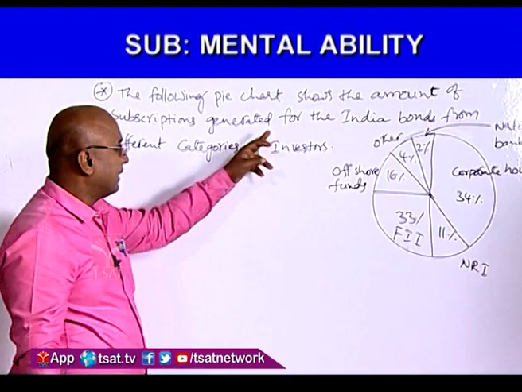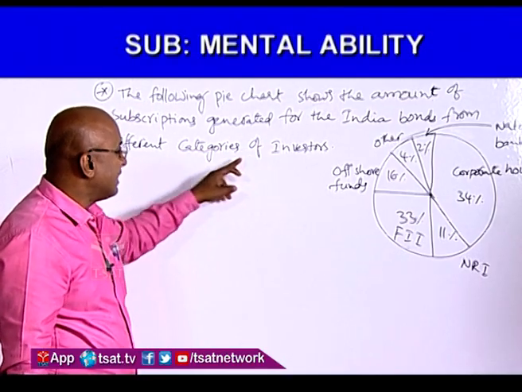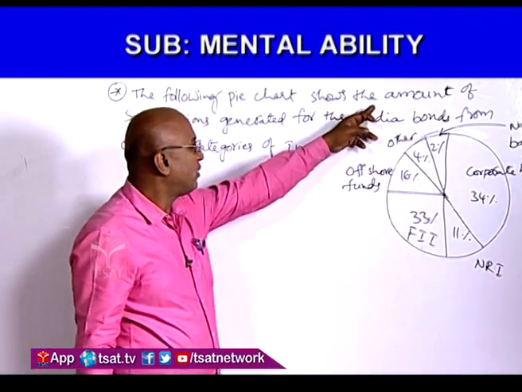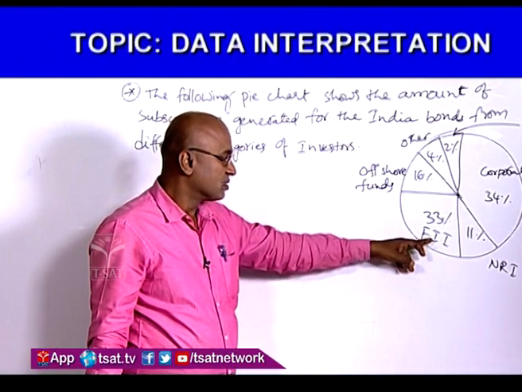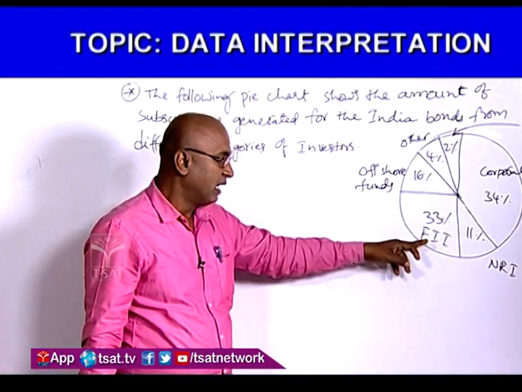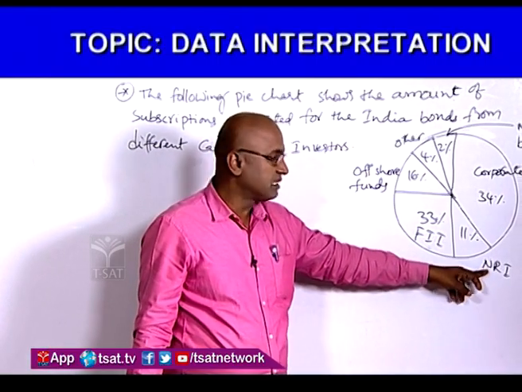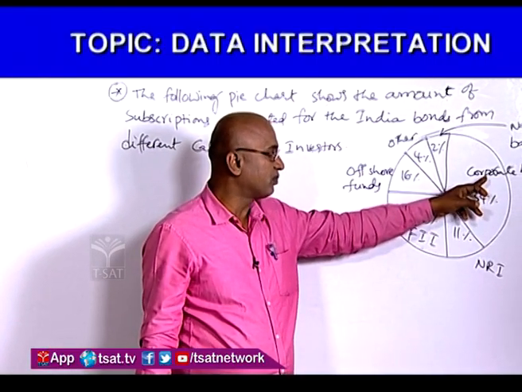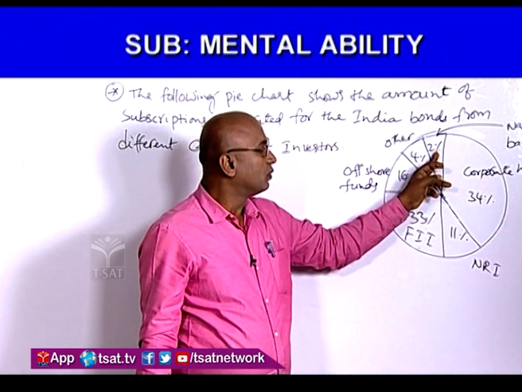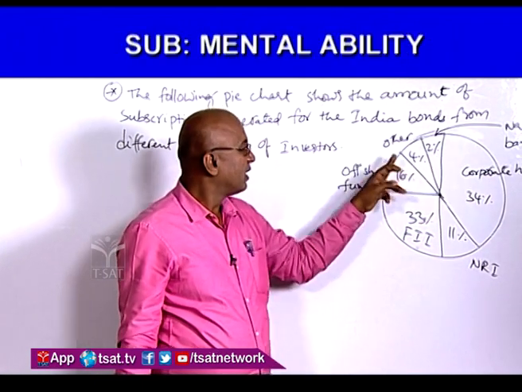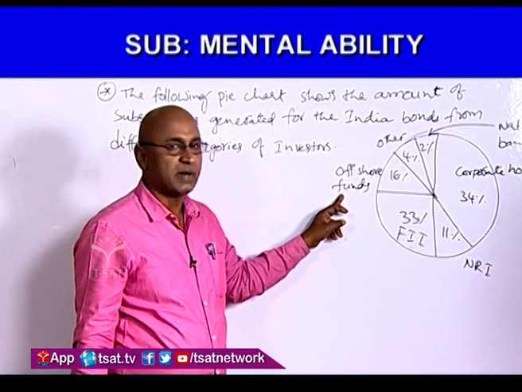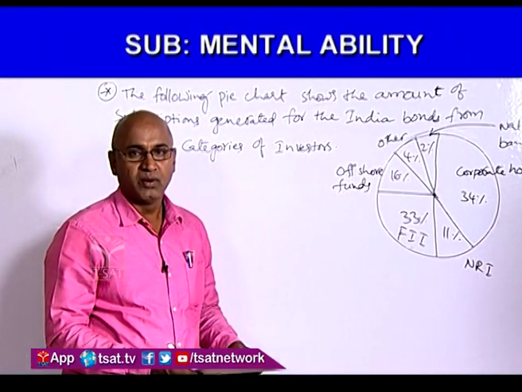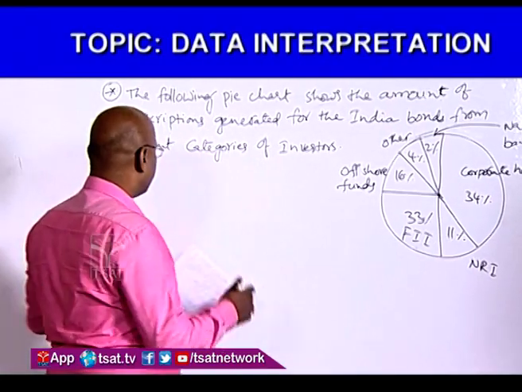So, for the Indian bonds from various investors, the amounts of subscriptions are generated like this. 33% from FII, 11% from NRIs, 34% from corporate house, 2% from national banks, 4% from other resources, and 16% from offshore funds.